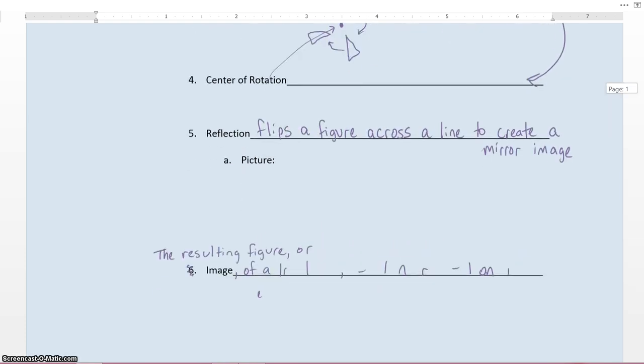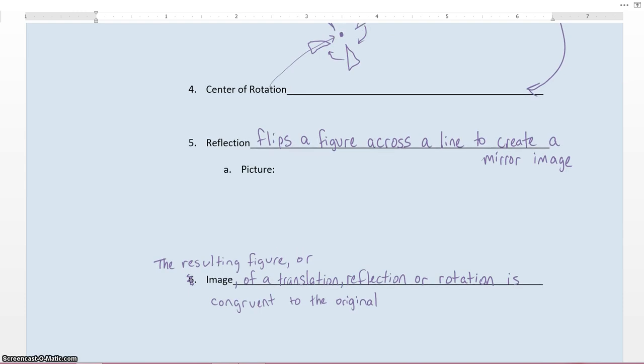A reflection, and again, pause when you need to write down definitions. A reflection flips a figure across a line to create a mirror image. So what that would look like as a drawing, maybe we draw a line of reflection. I'm just going to use a dotted line.